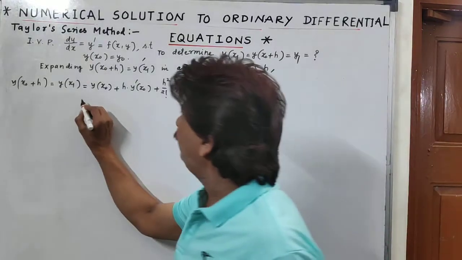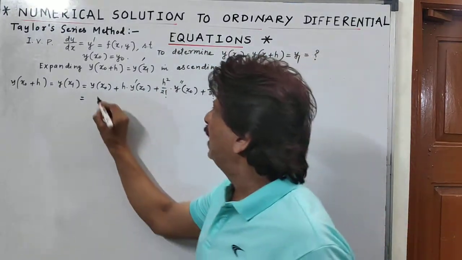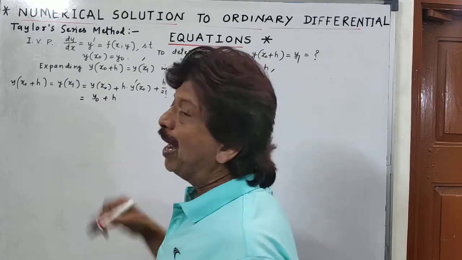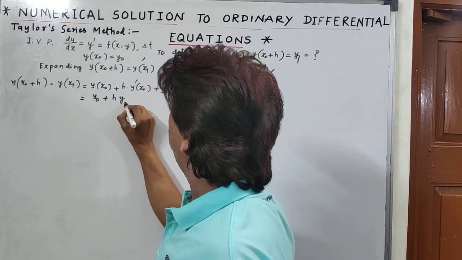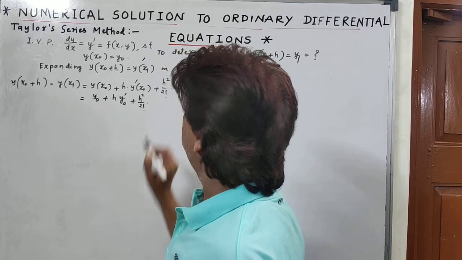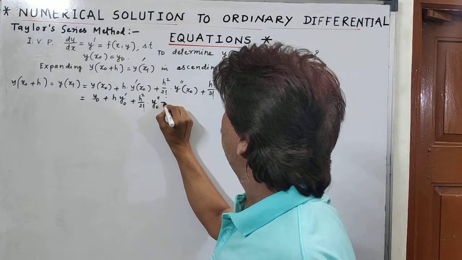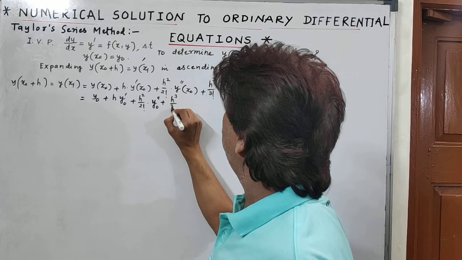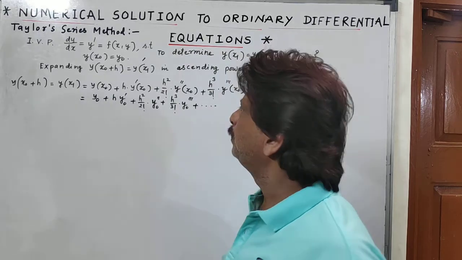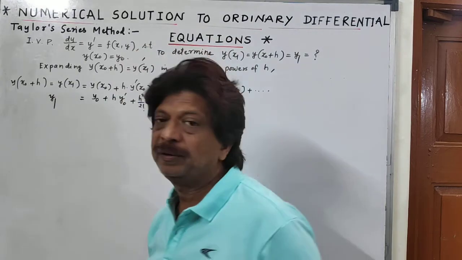Let us denote y of x0 as y0 for the sake of simplicity and understanding, plus h times y prime of x0 as y0 prime, plus h square by 2 factorial y double prime of x0 as y0 double dash, plus h cube by 3 factorial y0 triple dash, and so on. This is the value of y1.